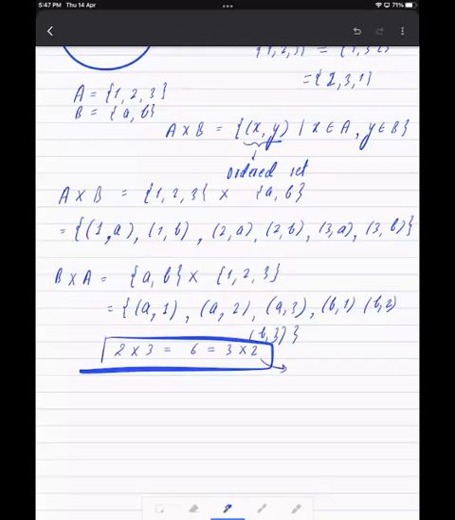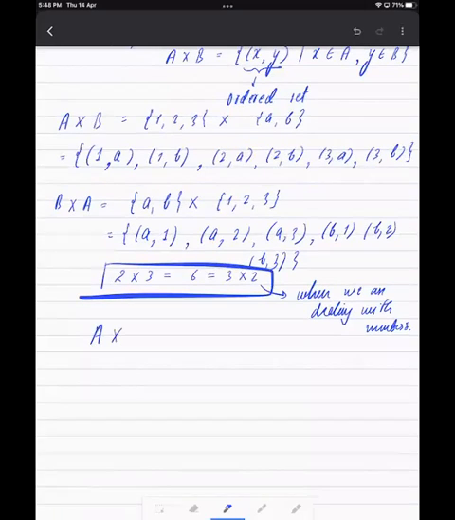Multiplication is commutative when we are dealing with numbers. But that's not the case when we are out of our collection of numbers. Now, where are we? We are having collections of sets, and we are performing the Cartesian product on sets, right? So here A cross B is not equal to B cross A. So the Cartesian product is not commutative.